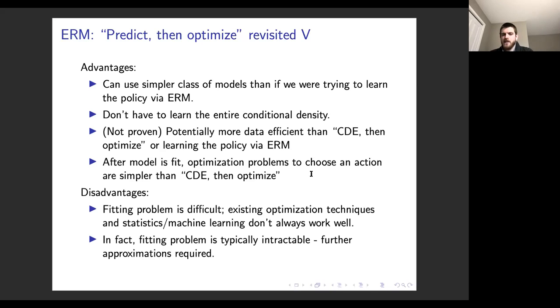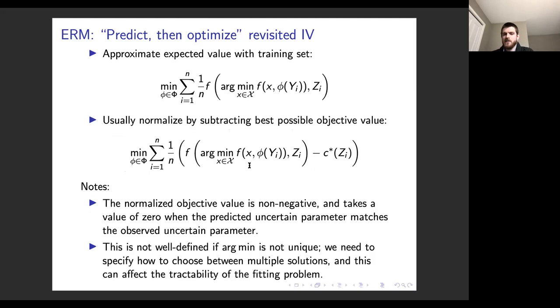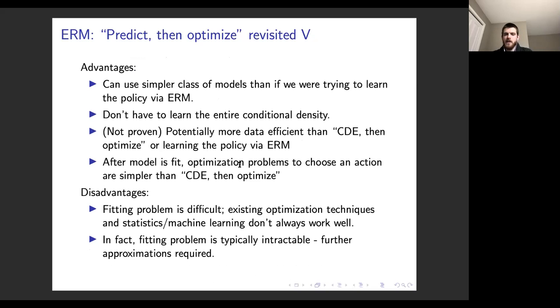So one of the big disadvantages of this is that the fitting problem is very difficult. If you look at it, it's quite complicated with this argmin inside of this function, and then this minimization out there. So it's kind of like a bi-level optimization problem that's quite complicated.